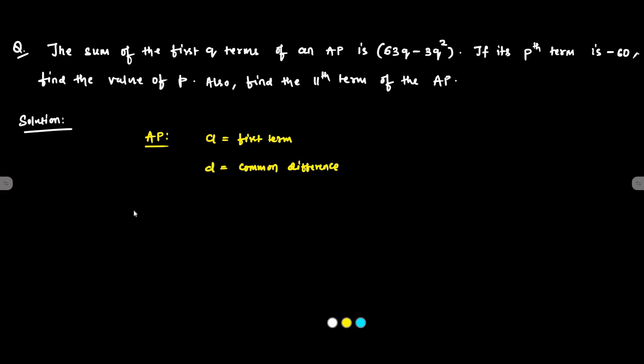So we write them as T1, T2, T3, Tn minus 1 and Tn.